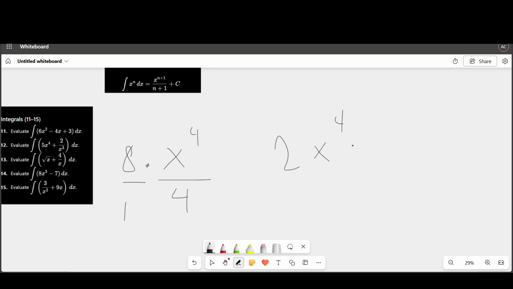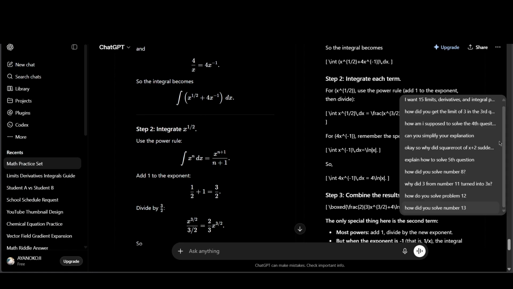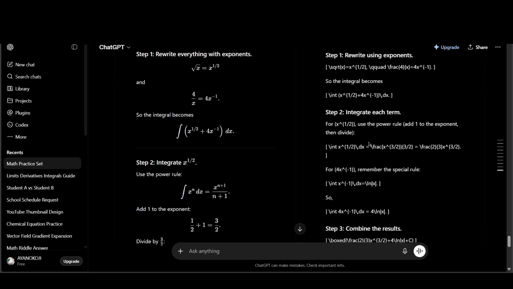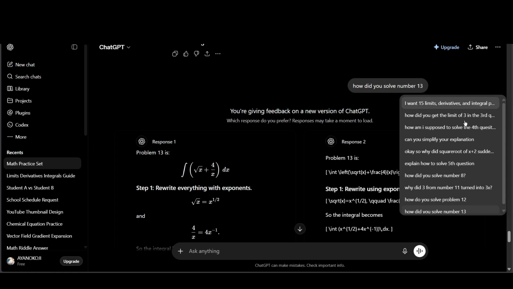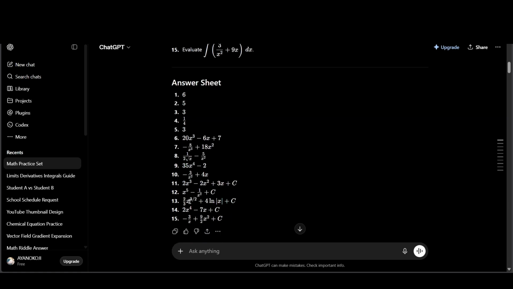I believe that's the answer for 14. Let me just check the answer sheet. 14, 2x to the power 4 minus 7x plus c. I'm correct. I would be correct on that.